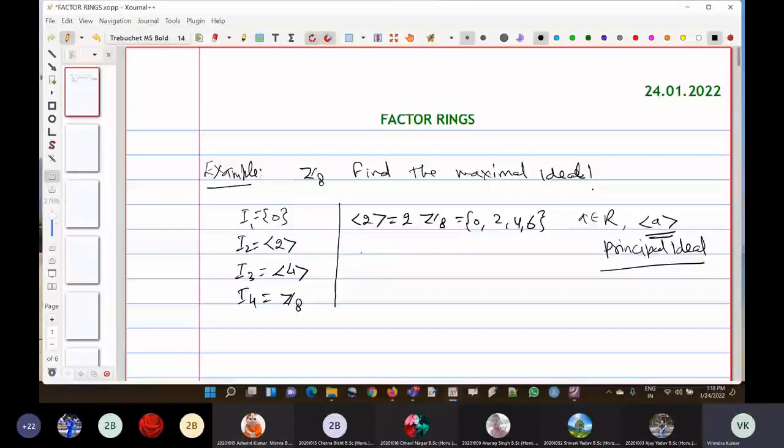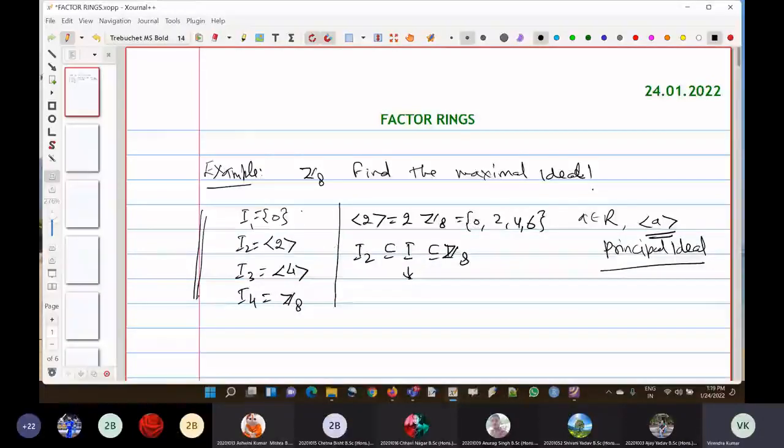So this I2 is contained in, let us say, I, and this is contained in Z8. So is there any such ideal I? Because there are exactly 4 ideals, can this I be one of these?